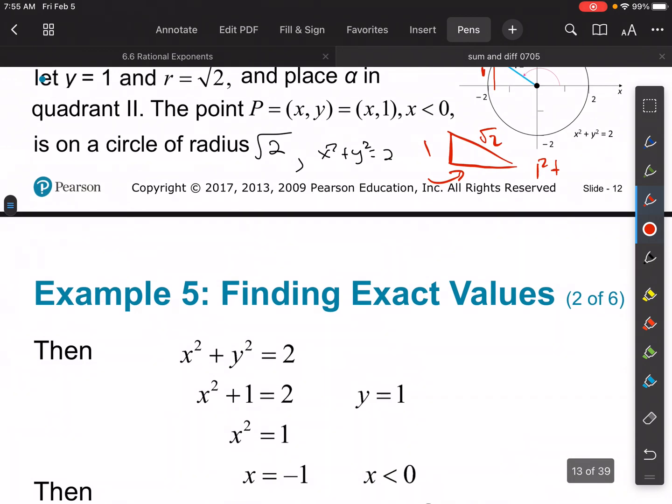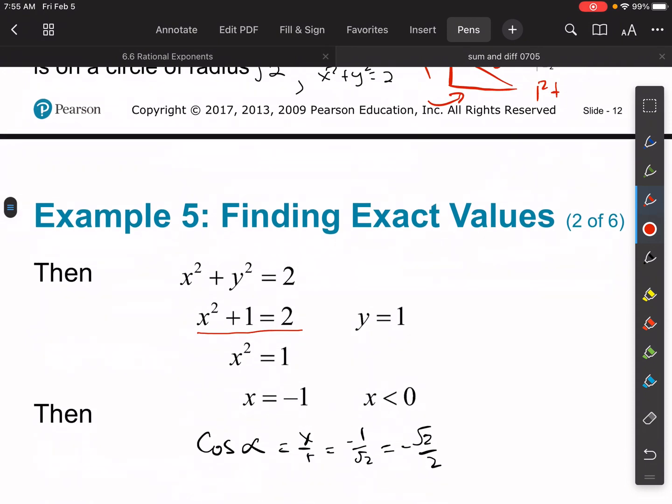So we have 1 squared plus x squared is equal to the square root of 2 squared, which is just 2. Then I can solve that, and I get that x is equal to 1, right? Because the square root of x squared actually gives me plus or minus 1. I know it's the negative 1 because I know I'm over here, right? So all the x values over here are negative.